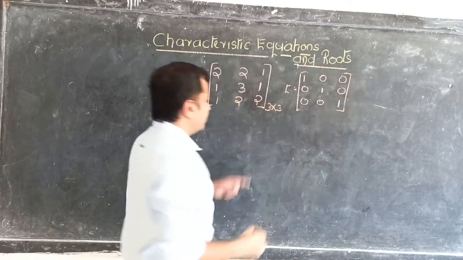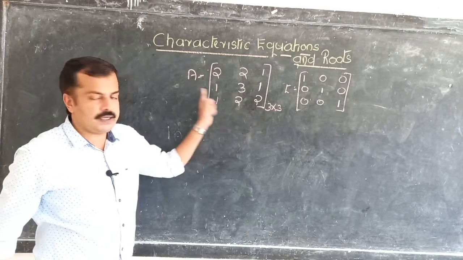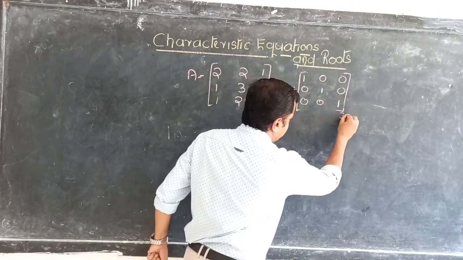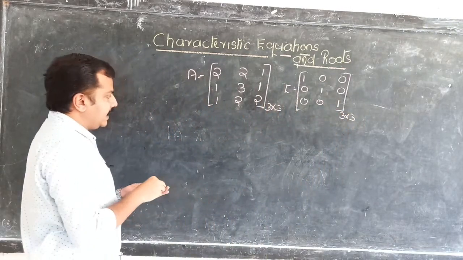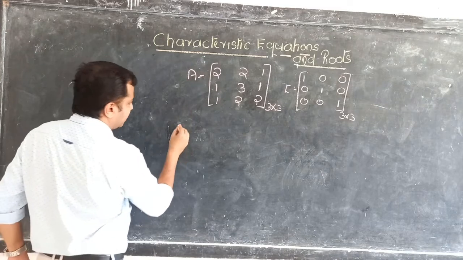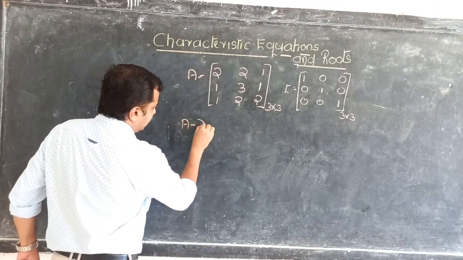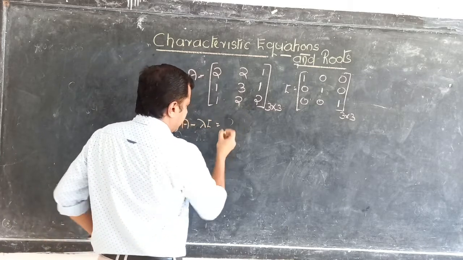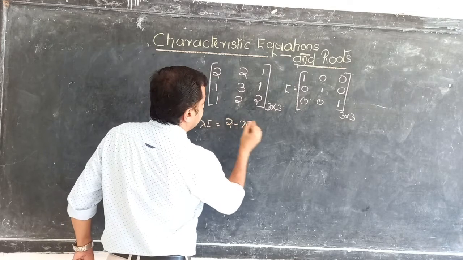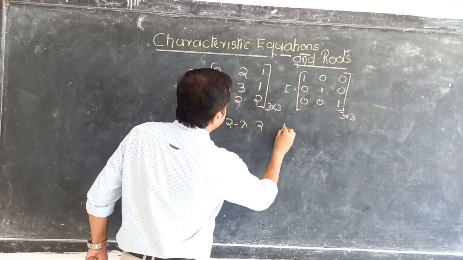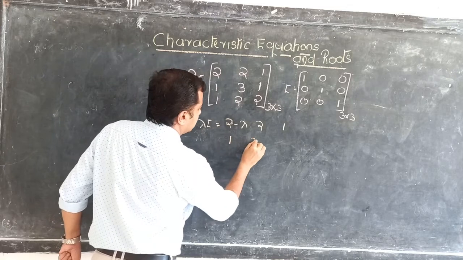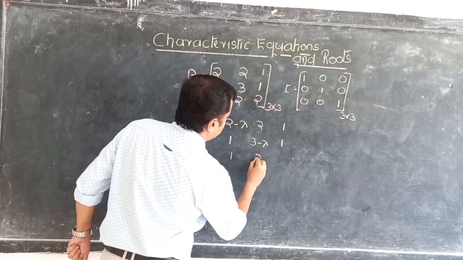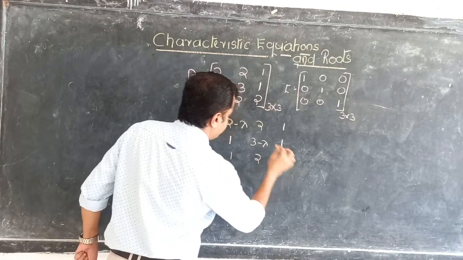So we have a 3 by 3 matrix of coefficients, along with an identity matrix of the same order 3 by 3. And once we extend this case to finding our characteristic matrix A minus lambda I, in the form of a matrix, the solution will be like 2 minus lambda, 2, 1, 1, 3 minus lambda, 1, 1, 2, as well as 2 minus lambda.